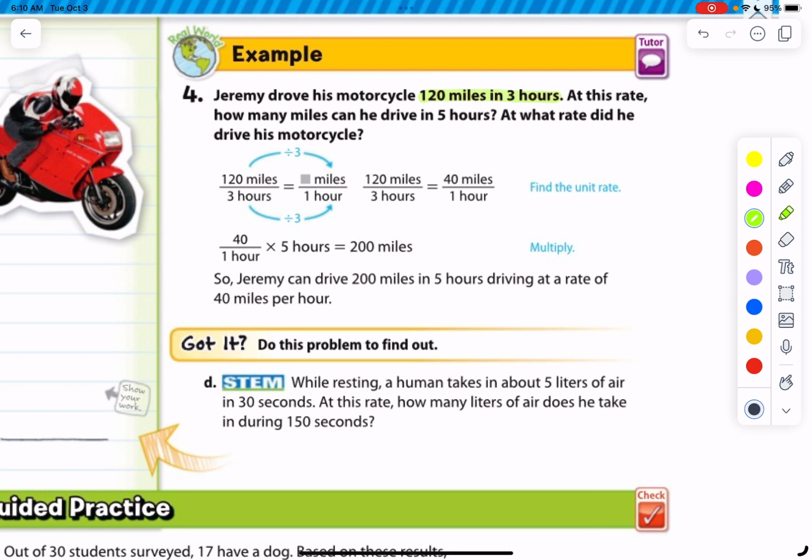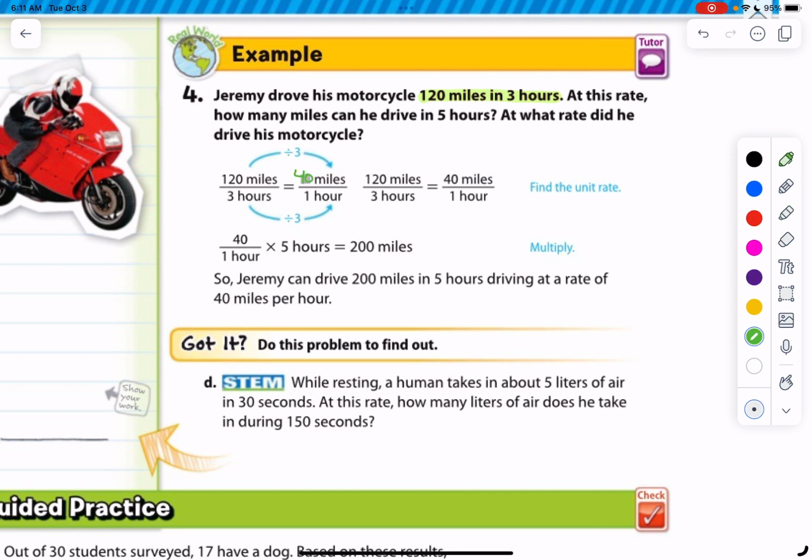At this rate, how many miles can he drive in 5 hours? At what rate did he drive his motorcycle? So they set it up, 120 miles to 3 hours. They divided both by 3 to get the unit rate. What was the unit rate? 120 divided by 3. 3 goes into 12 4 times, so that's 40 miles.